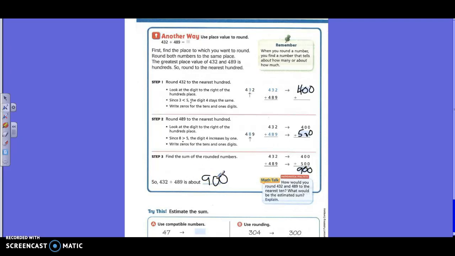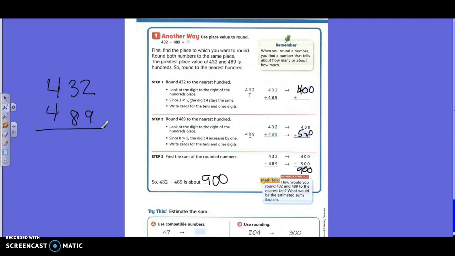It's about 900. It doesn't actually equal 900, though. Let's check. Because remember, estimating means that you're finding a number that's close. It doesn't mean you're finding the exact answer. Let's see if it is 900.